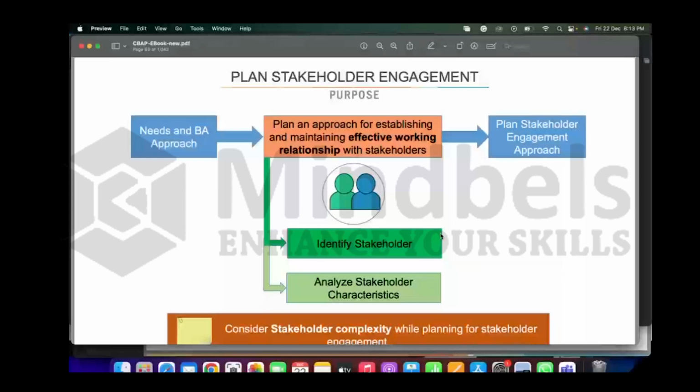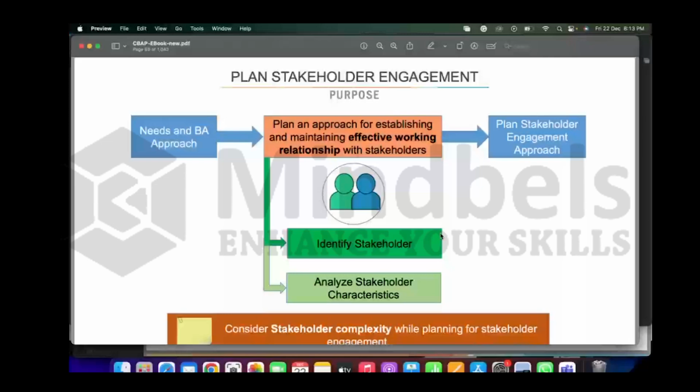So all these things have to be done the similar way stakeholder engagement also is being done. So you have to plan an approach for establishing and maintaining effective working relationship with stakeholders.